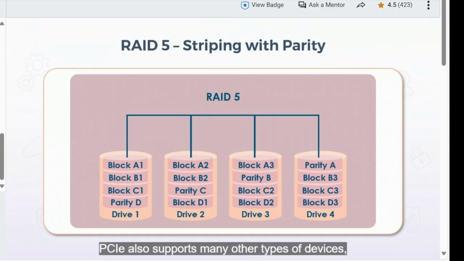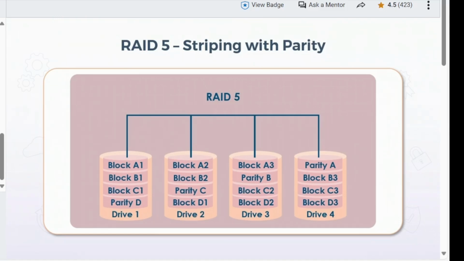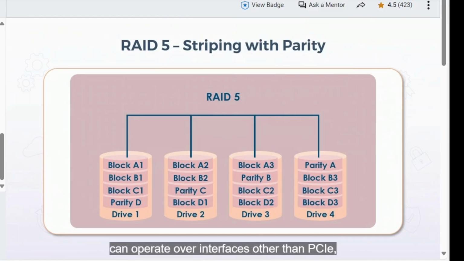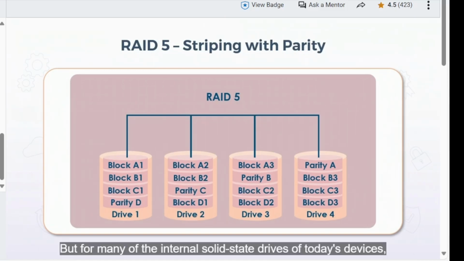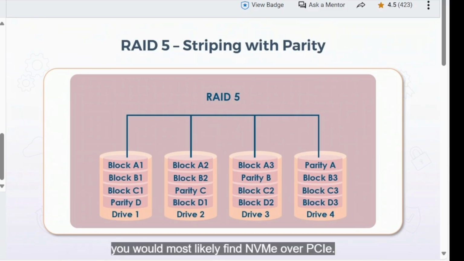Now, this is a very simplistic example, but imagine that block A1 is represented by the number 1, and that block A2 is the number 2, and block A3 is the number 3. So in terms of a mathematical calculation, what you can do is to simply add those up. So 1 plus 2 plus 3 equals 6. So parity A would equal 6.